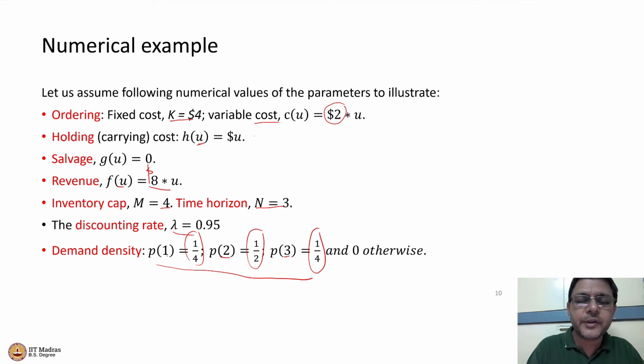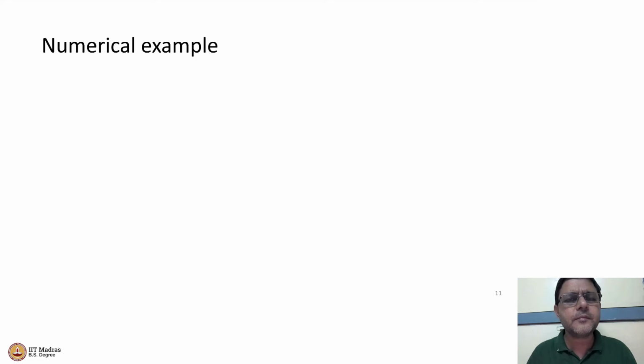And there is no other possibility of demand taking any other value, and therefore probability is 0 everywhere else. So demand can only be 1, 2 or 3, and the corresponding probabilities are 1/4 plus 1/2 plus 1/4, which is equal to 1. Therefore, the axioms of probability are met. So these are the only 3 possibilities of demand: demand can be 1, 2, or 3. Remember, we have tried to keep this a very simple problem.